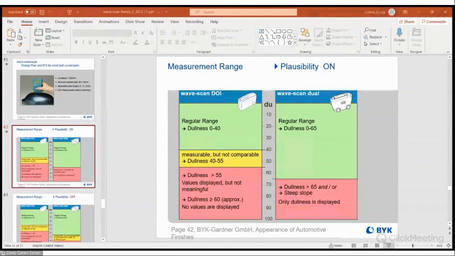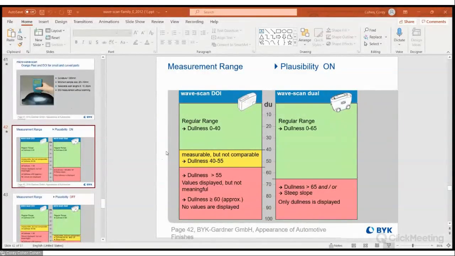So with the Wavescan 2 or 3, optimally you want to be in the range of 0 to 40 dullness. If you're in the range of 40 to 55 dullness, that is going to be measurable, but not comparable.